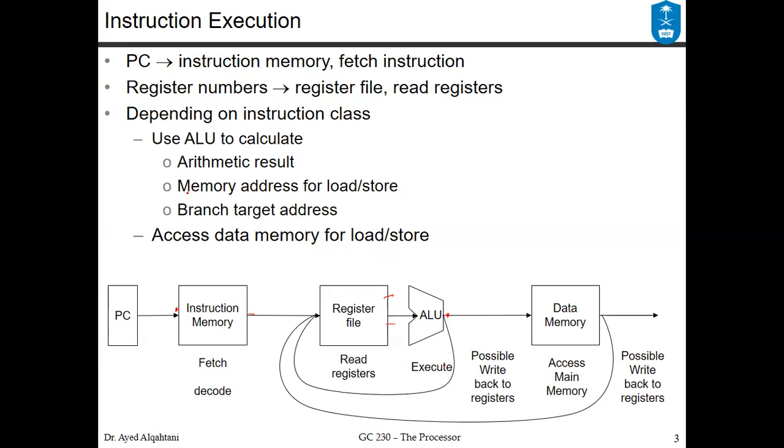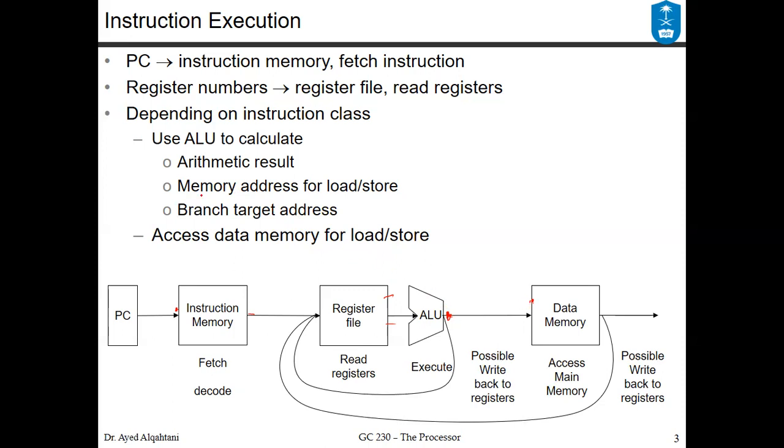We have also some other instructions. They do a memory access. So what we do in the ALU, we have the base register, and we add to the base register the offset or the displacement to get the correct address of the data memory to do the load or the store instruction.